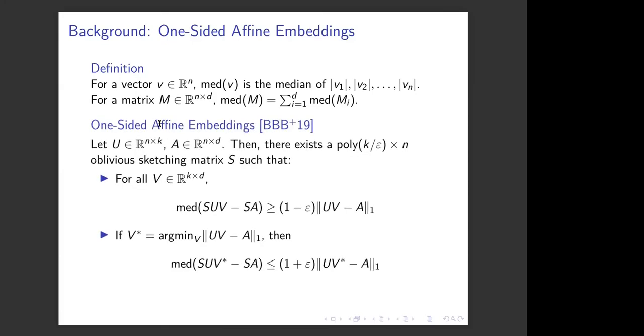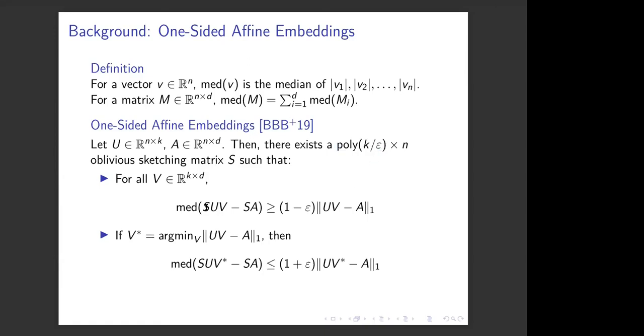The main tool we'll use to get FPT runtime is a dimensionality reduction technique known as a one-sided affine embedding. If A is your input matrix, and U is some fixed left factor, then there's an oblivious sketching matrix S, a random matrix whose distribution does not depend on U or A, with poly k over epsilon rows.